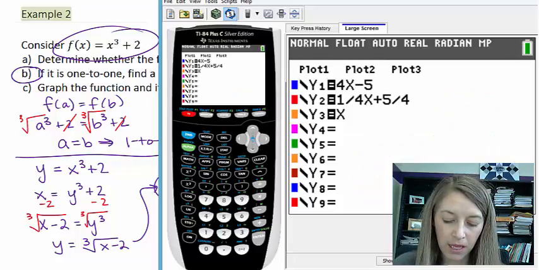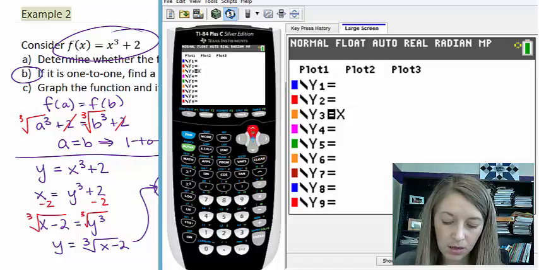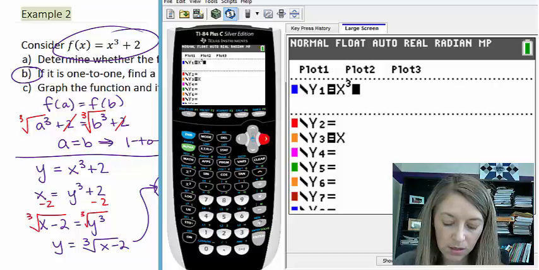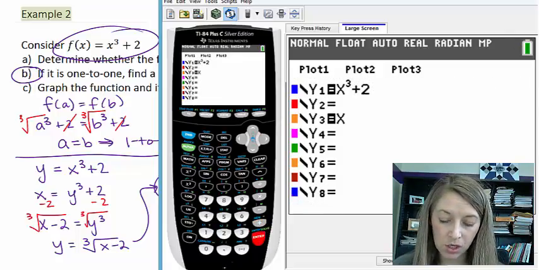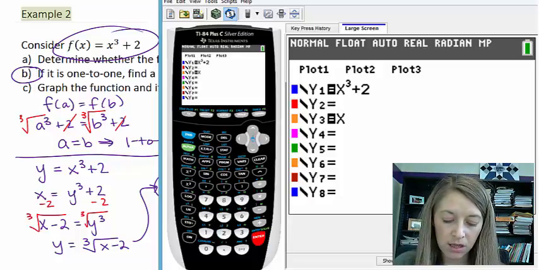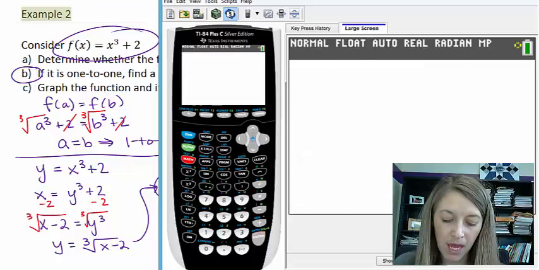So in my y equals, let me insert my original function, x cubed plus 2. And in my y2, let me insert my inverse function. And so the cube root is underneath this math button here, so math.